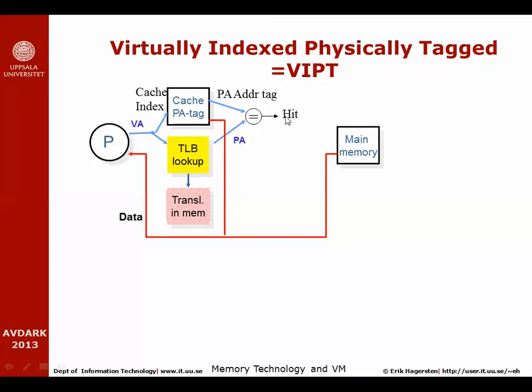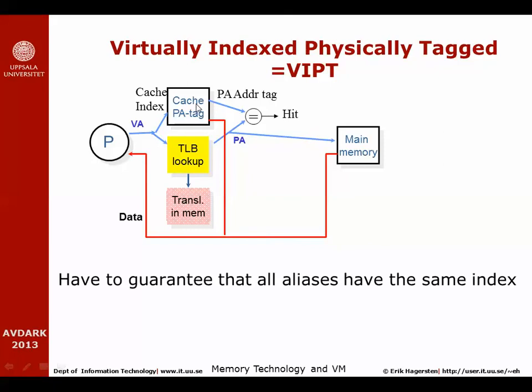So here we can determine if it is a hit or not, and if it's not a hit, then we take the physical address and go to main memory. So this is a way for us to remove the TLB from the critical path, but still implement a system where we have physical tags.